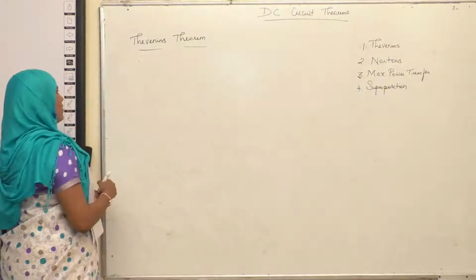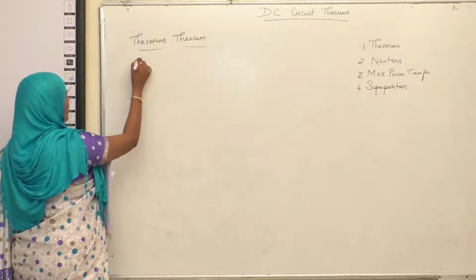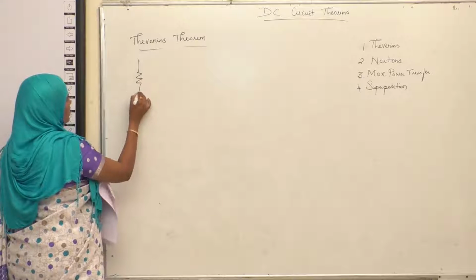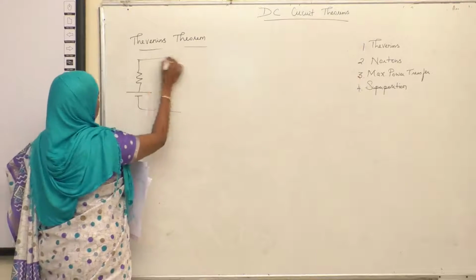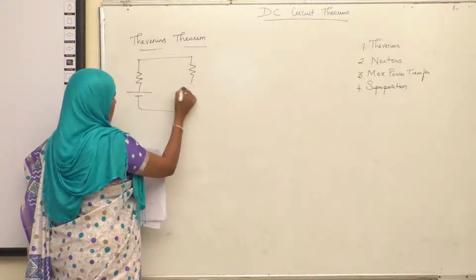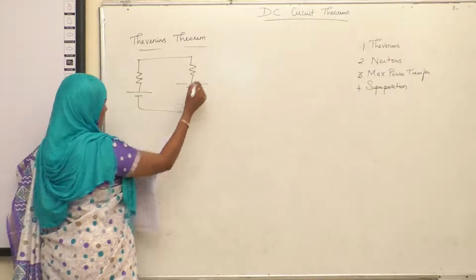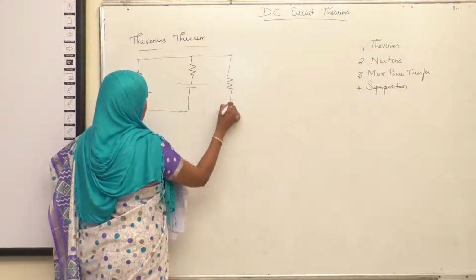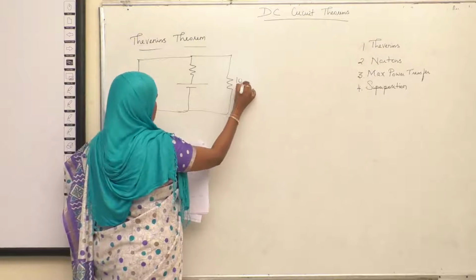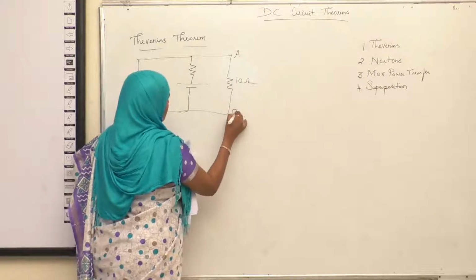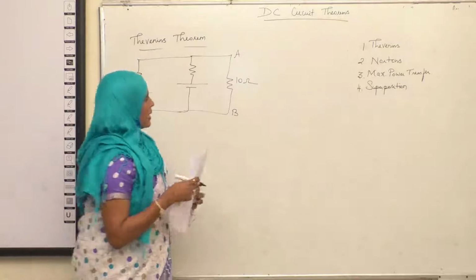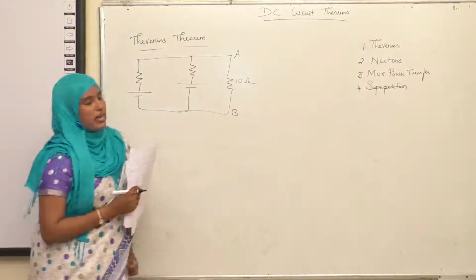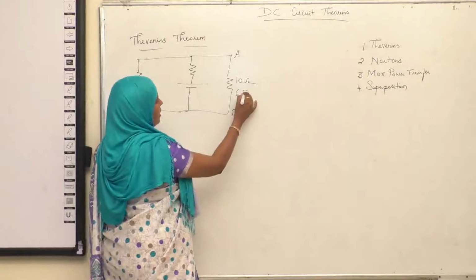I will now solve a simple problem to show how to use Thevenin's theorem. Any resistance connected between the terminals A and B is considered to be the load RL.